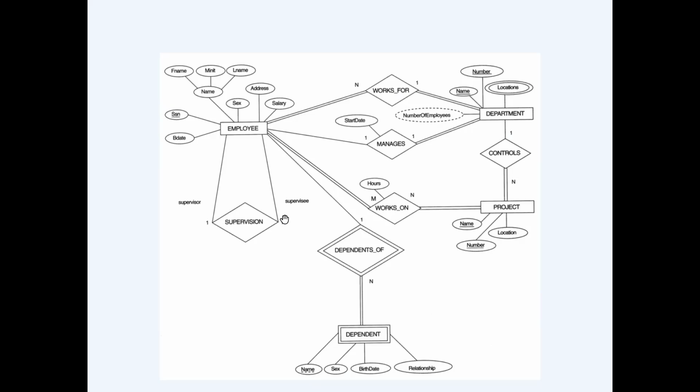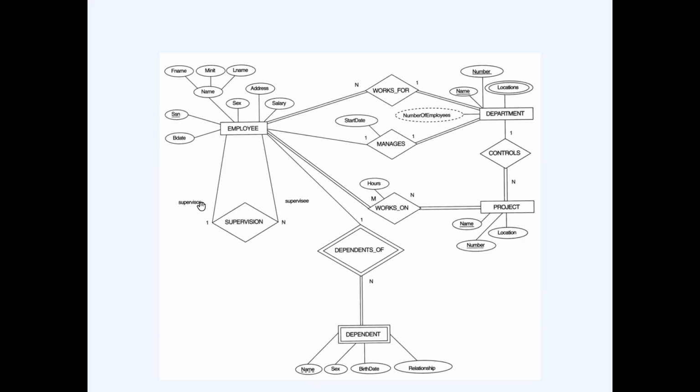Okay, we have a very interesting relationship type here. This is called a recursive relationship type. You can notice that employees are supervising other employees. So when you have a relationship type like this with the same entity, you have to write down the role names. What I mean is you have to represent the different sides.